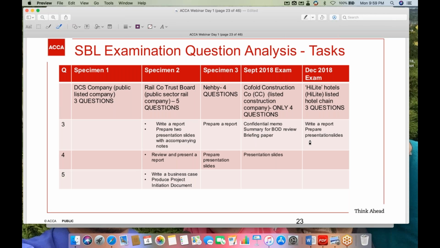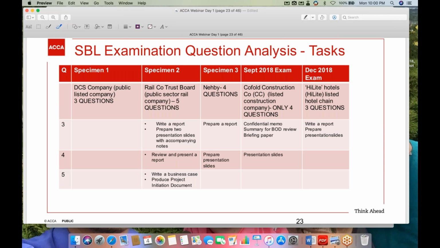And same goes to the December 2018 exam. Students are required to write a report and prepare presentation slides. So overall, when you look at this particular task analysis, there are common tasks that you should be able to perform, all right?